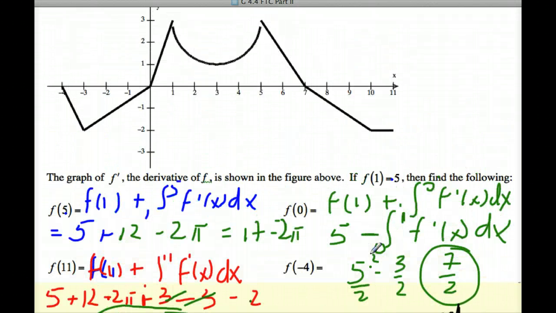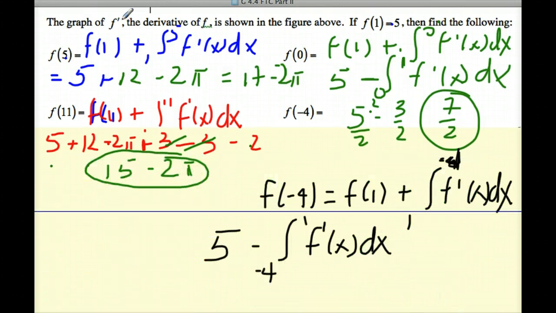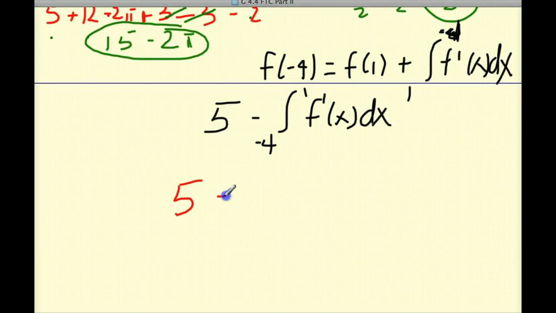Now the good thing is we actually have the area for 0 to 1, which was 3/2 from our previous example. And then I take the area of this triangle, so it's 1/2, the base is 1, 2, 3, 4, and the height is -2, so the 2's cancel and we get a -4. So what we end up getting is 5 minus the quantity of -4 plus 3/2.